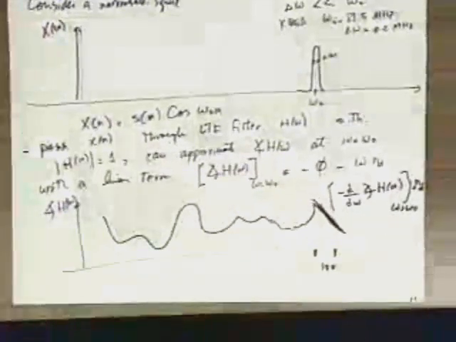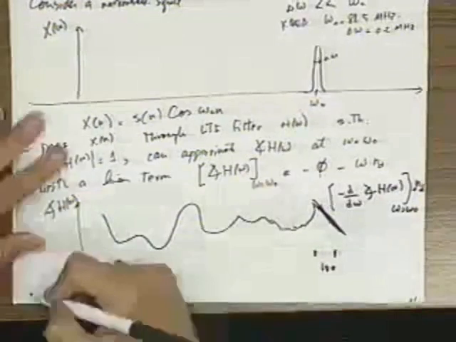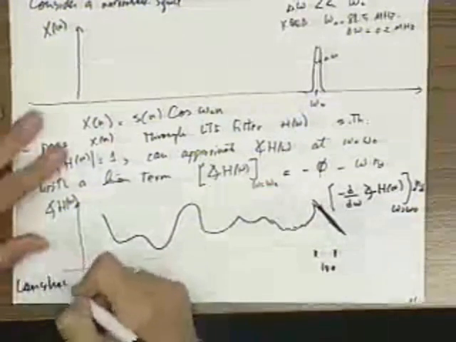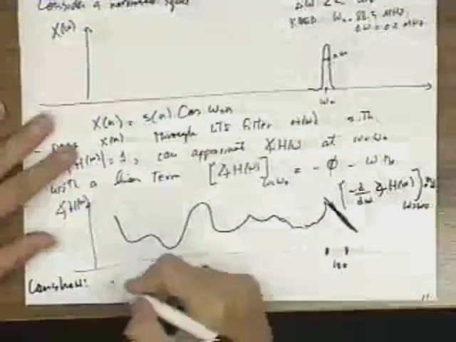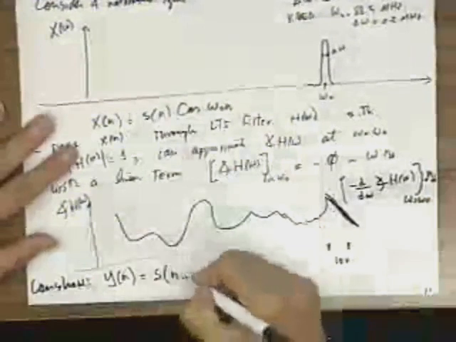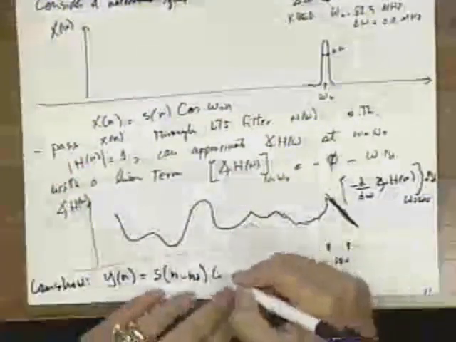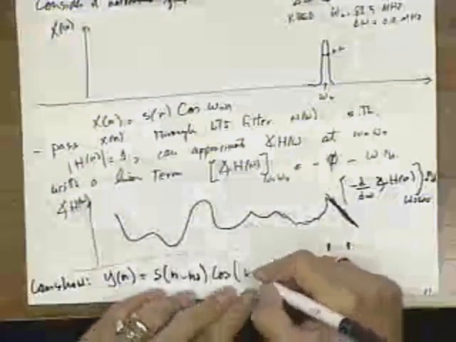So if we pass this narrowband signal, which is of this form, through a filter which is of this form, what we can show is that the output, and I'm not going to show it, I think it's one of the homework assignments, not for this week, but the week after, we can show that the output y of n is simply the delayed version of this thing.